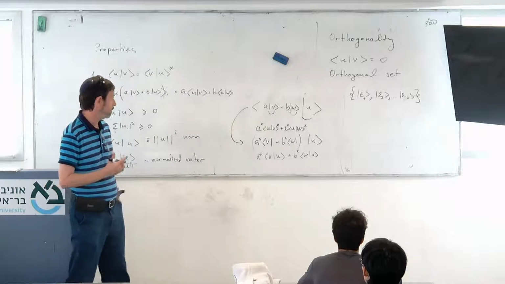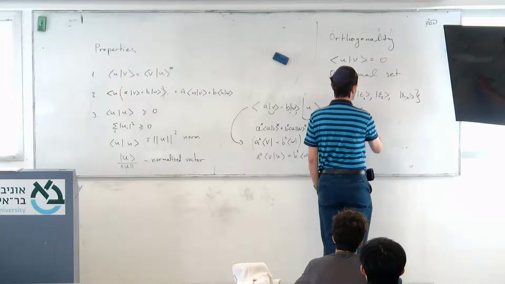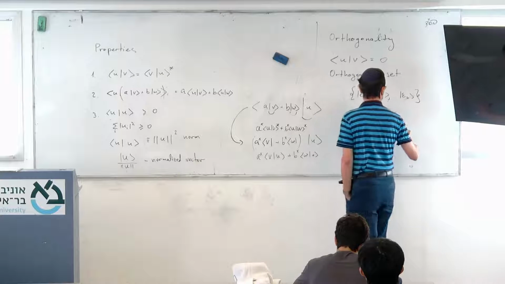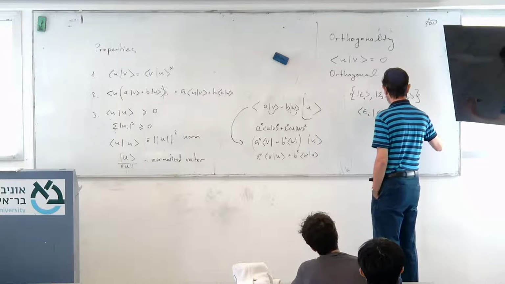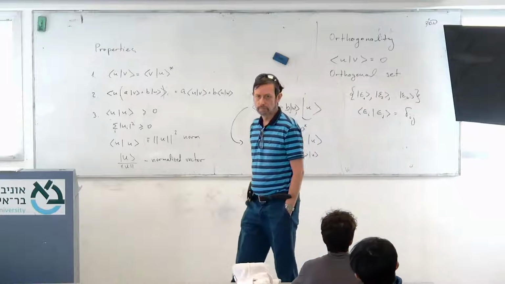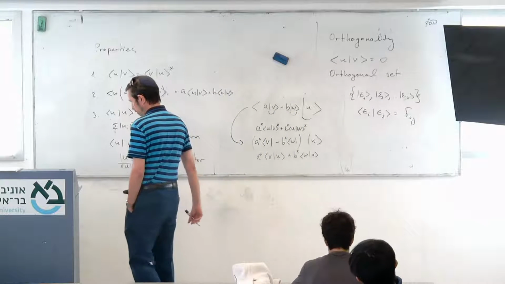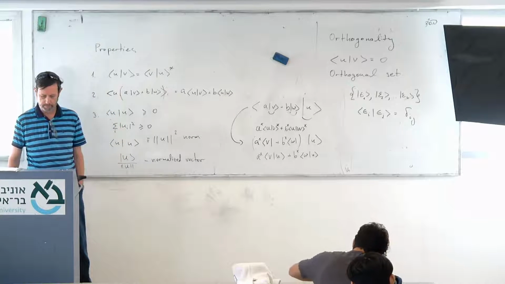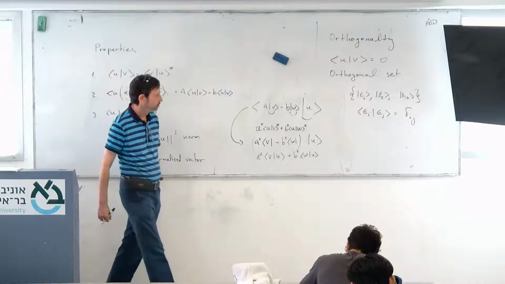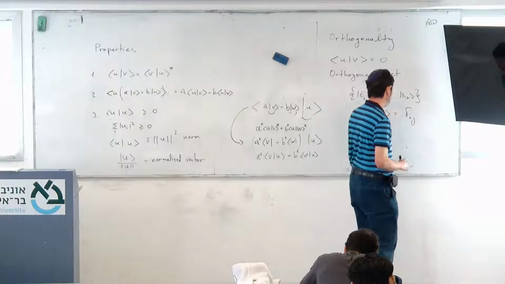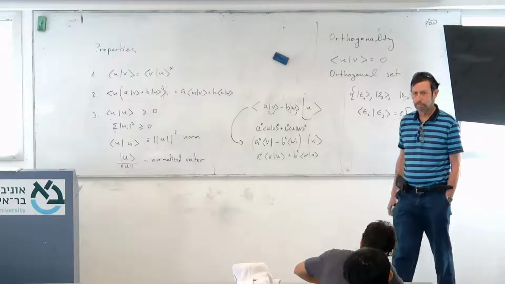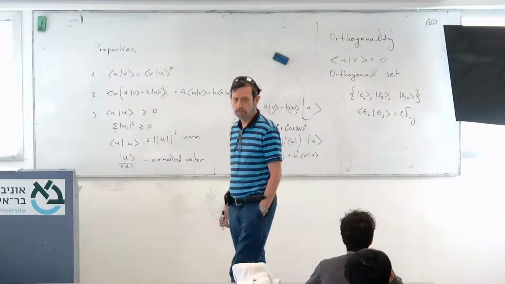An orthogonal set would be a set where, for each pair that I choose, I multiply two vectors.